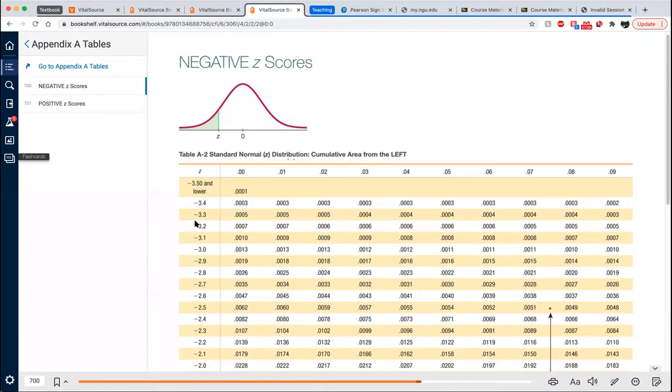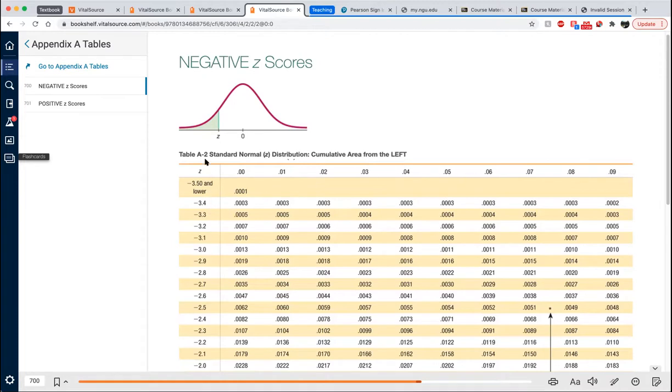The first column represents the z-score up to the first decimal place, and the first row represents the second decimal place.